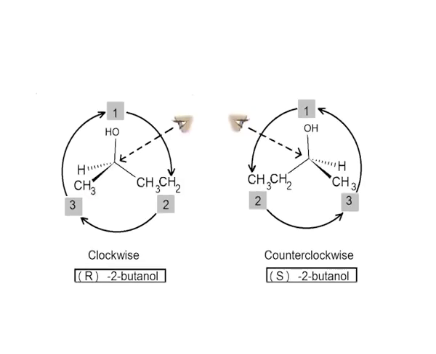The RS nomenclature is then assigned on the basis of the direction of the priority sequence 1 to 2, 2 to 3. Thus, the configurational arrangement of the atoms and groups around a chiral center in a molecule can be assigned this nomenclature system according to the CIP rules.